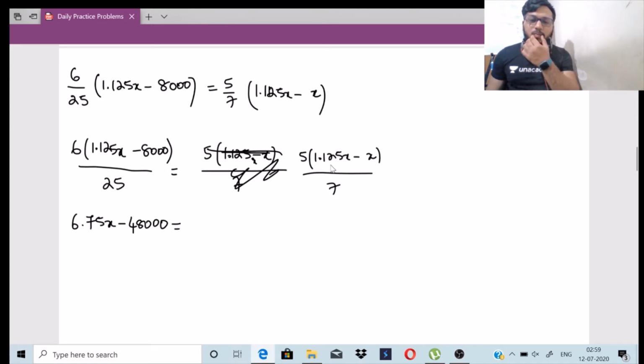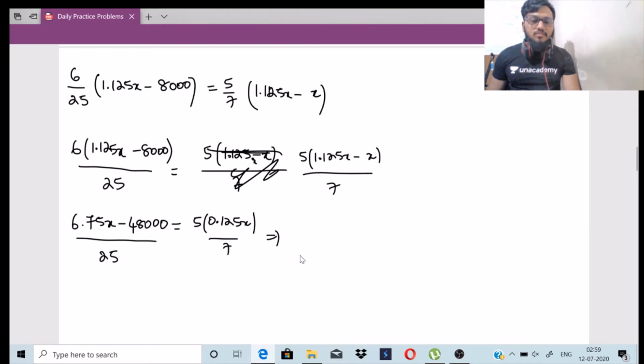Here also it is 1.125x minus x. What will 1.125x minus x be? It will be 0.125x, right? 5 into 0.125x divided by 25 and divided by 7.